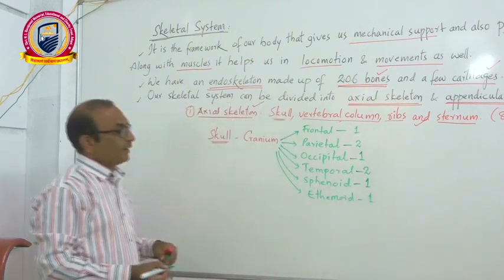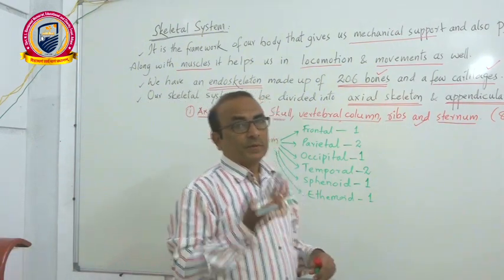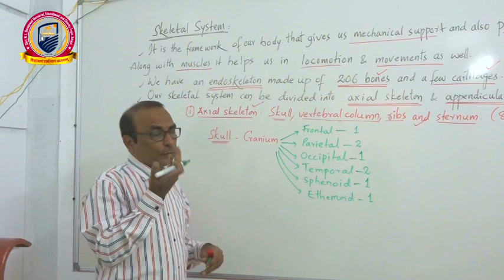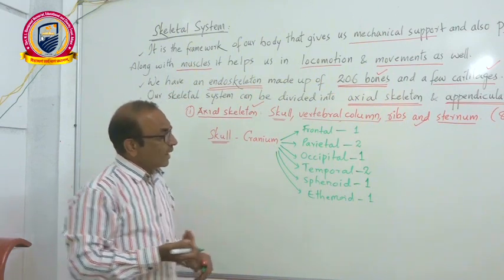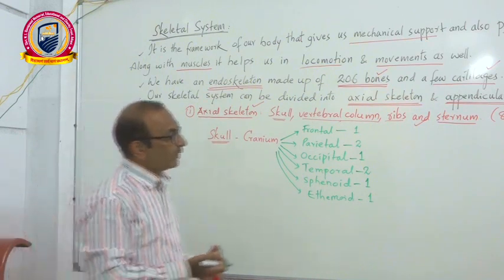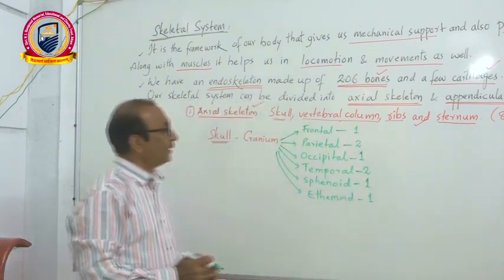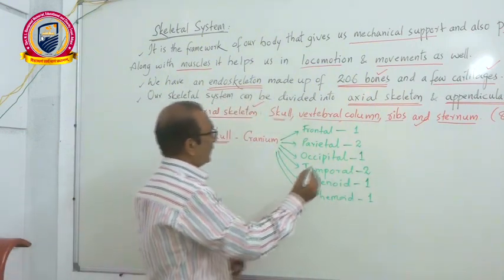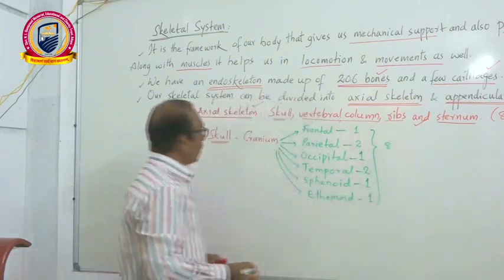Ethmoid bone is found in the nose region, forming, you can say, the floor of the nose. So these are called the cranial bones. So how many are there? 1, 2, 3, 4, 5, 6, 7, 8. So total 8 bones are there in the cranium.